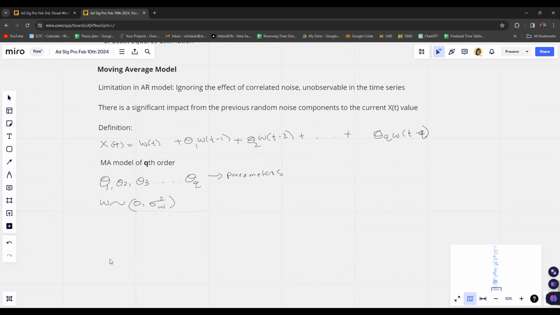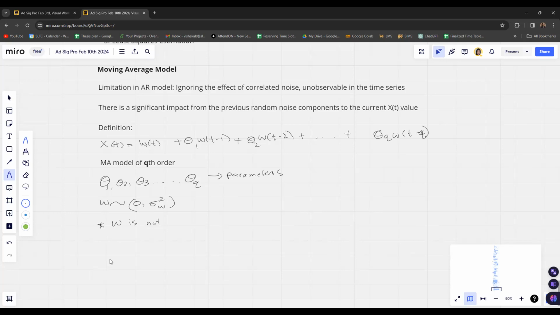Then the difference that we have with this MA model and the AR model is that in the MA model, we are considering white noise only, which is affecting the xt signal. The white noise is a signal which cannot be observed. W cannot be observed clearly, or we cannot really measure it. We are assuming that W has this distribution and has this impact, but we cannot really measure it, and therefore cannot observe it properly.